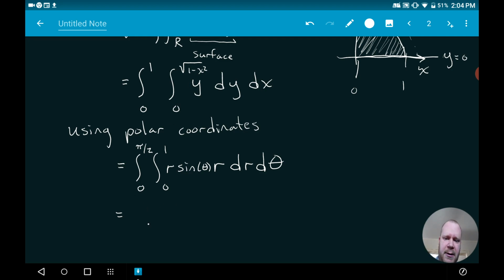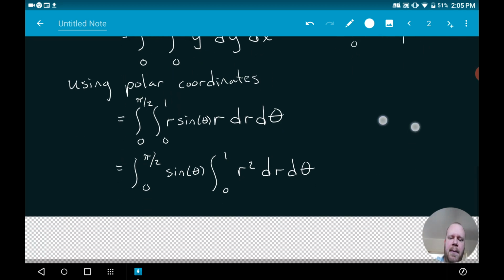Okay, so that one, I can put my sine of theta term out in front here, and then what's left is the integral of 0 to 1 of r squared, one from here, one from here, dr d theta.